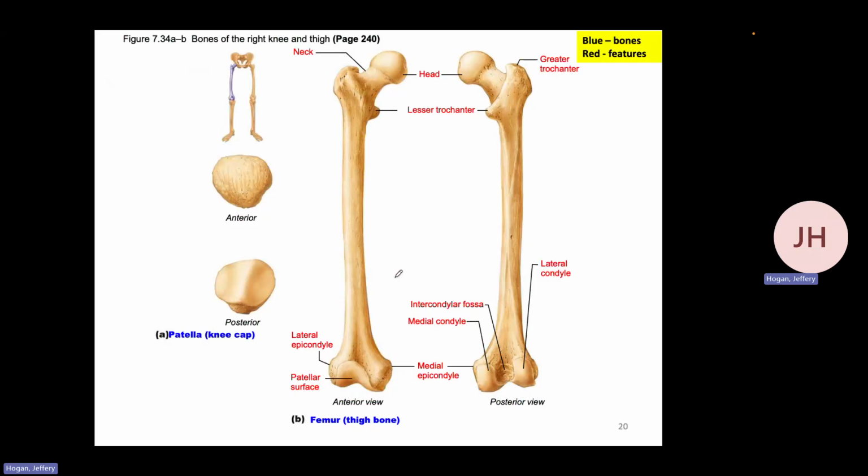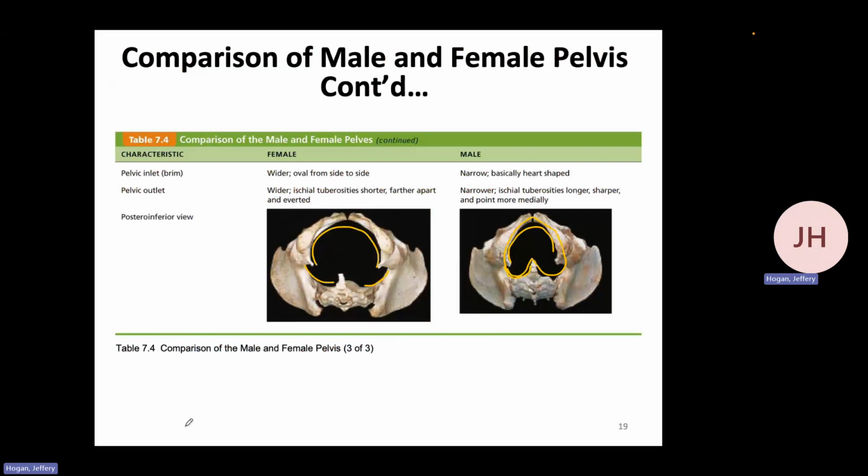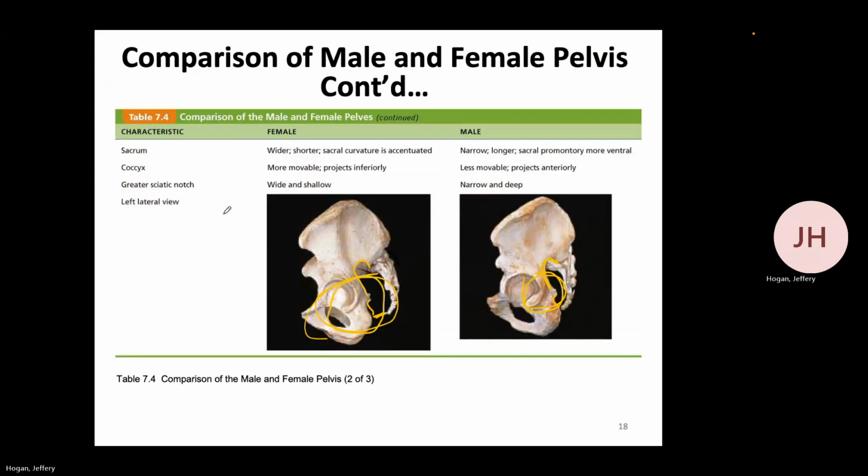You're expressing that difference in two ways, but that's one difference, and that's fine. Be thorough, right? But don't just say wider and narrower. What's wider? The pelvic inlet is wider in the female, narrower in the male. The pelvic outlet is wider in the female, narrower in the male, right?